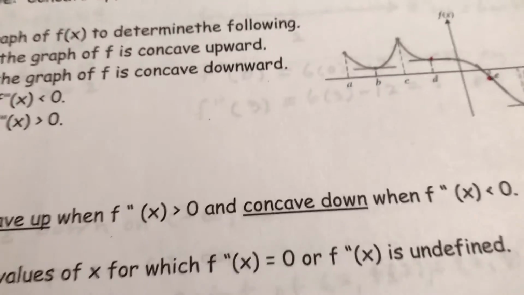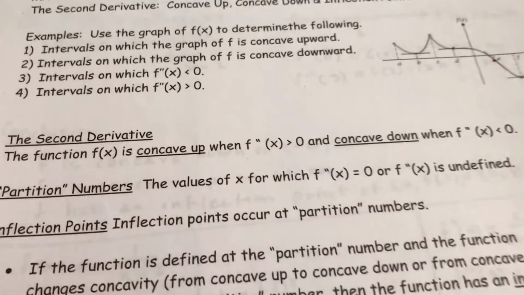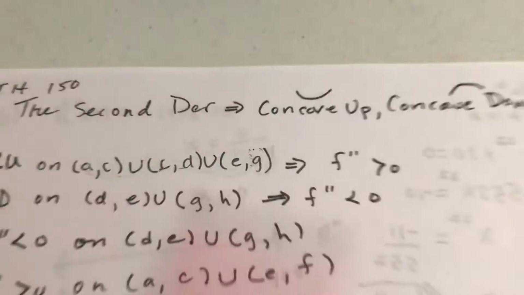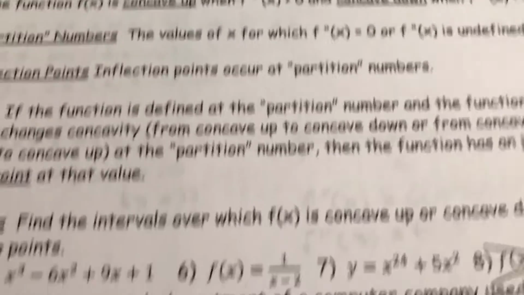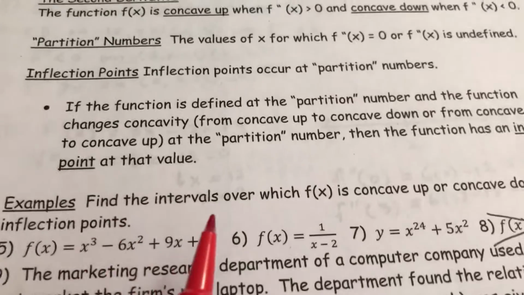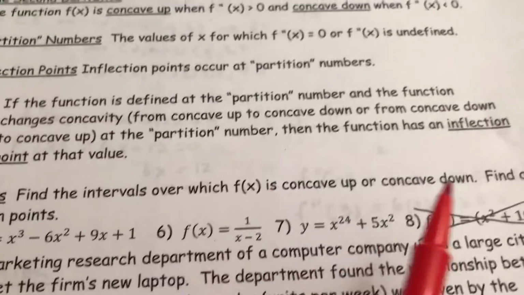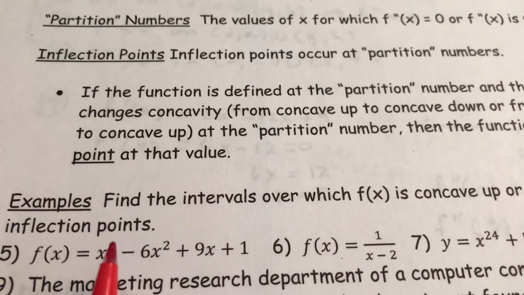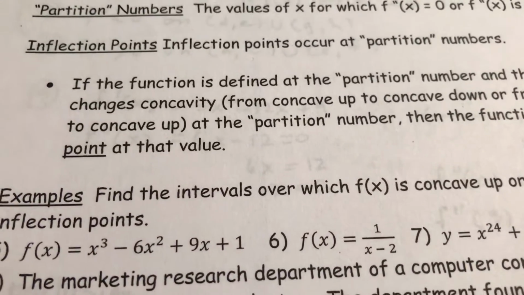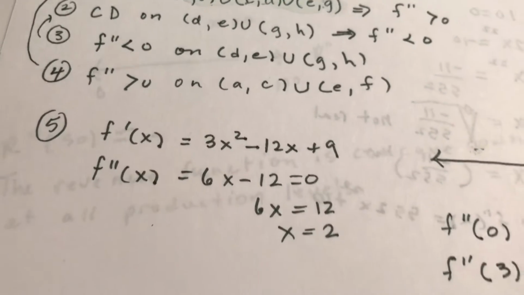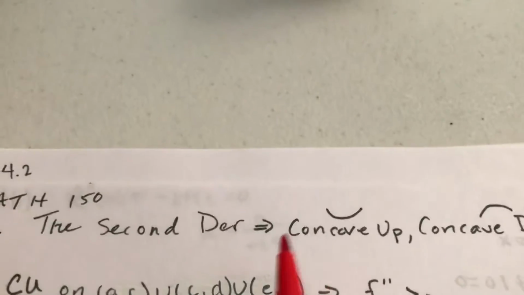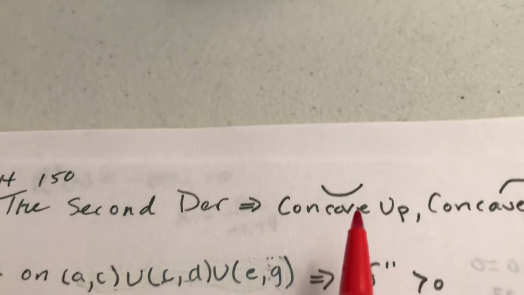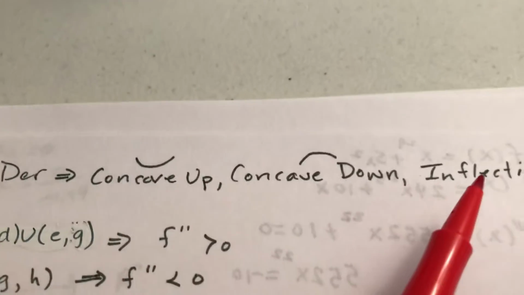So I'm going to come down here and start working these problems. Okay. And the problems say, hold on, let's look at the directions. Find the intervals over which f of x is concave up or concave down. Find all inflection points. Right. So this is all about the second derivative. And the second derivative, as I've written up here, gives information about concave up, concave down, and inflection points.